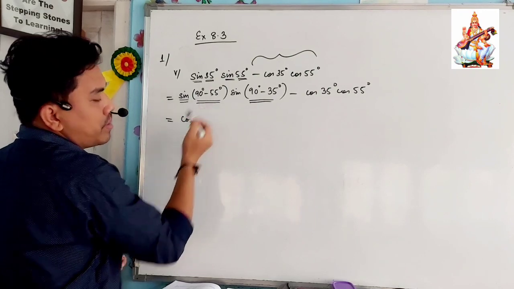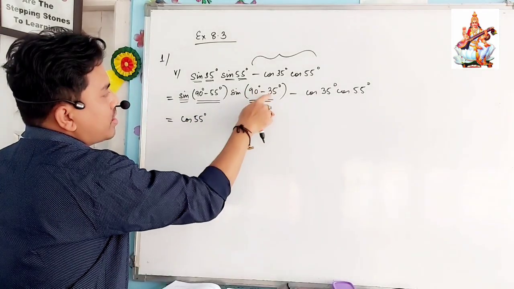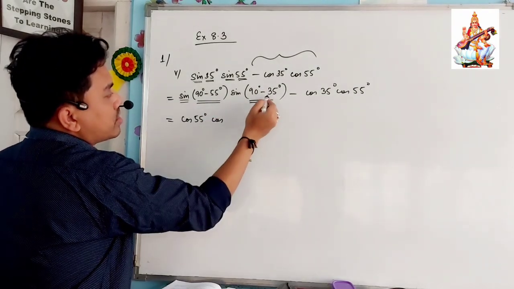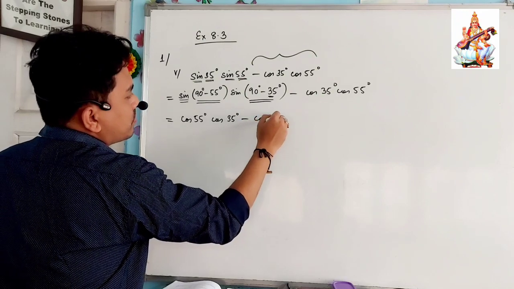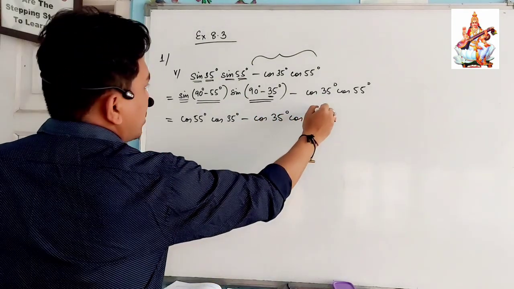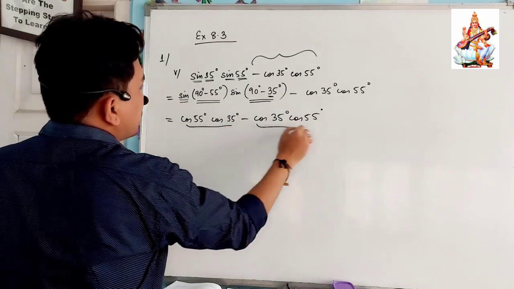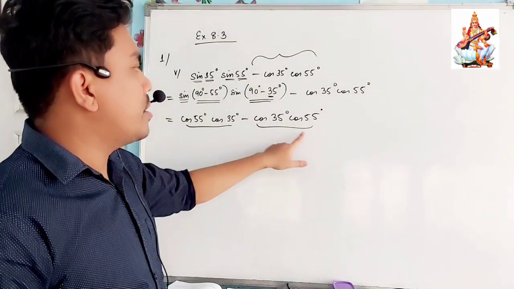Cos a. In place of a, what I will write? 55. And here also sine 90 minus a, what do you write? Cos a. What is in a? 35. Minus what? Cos 35 cos 55. Now can you see here? These both are same. Isn't it? Cos 55 cos 35. Cos 55 cos 35.